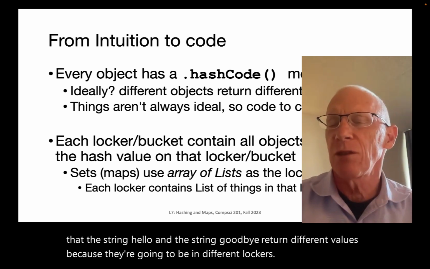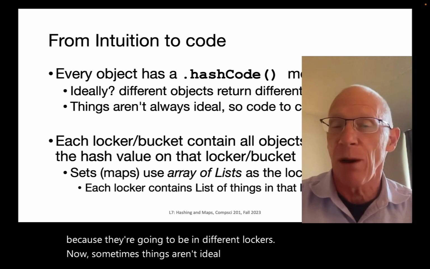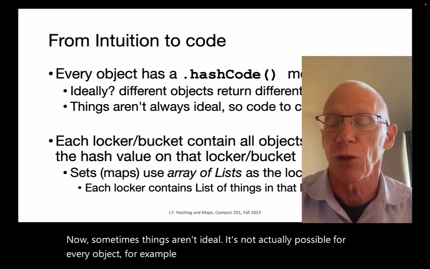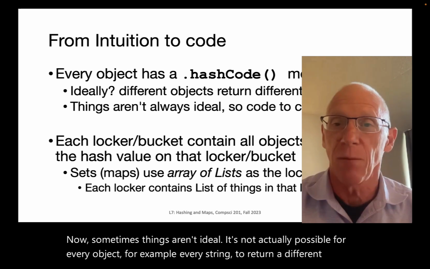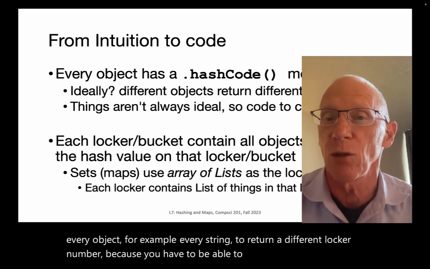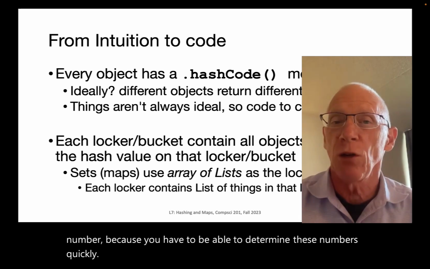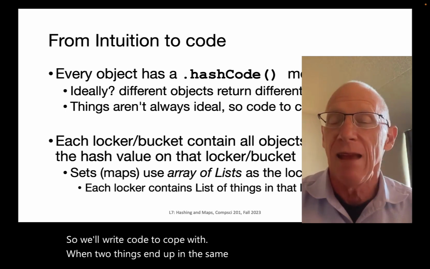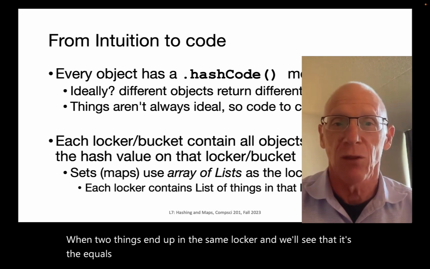Now sometimes things aren't ideal. It's not actually possible for every object, for example every string, to return a different locker number, because you have to be able to determine these numbers quickly. So we'll write code to cope with when two things end up in the same locker, and we'll see that it's the equals method that allows us to do that.